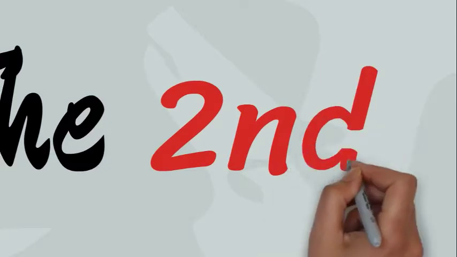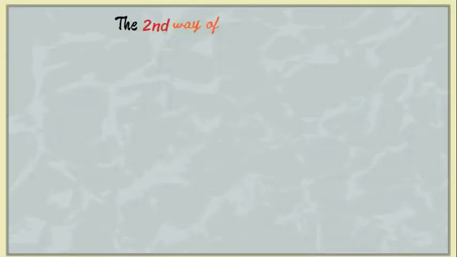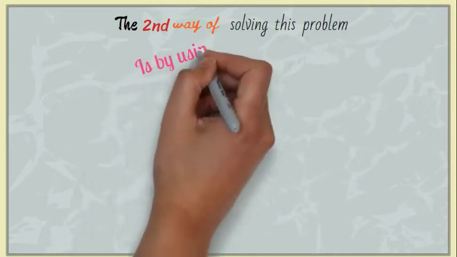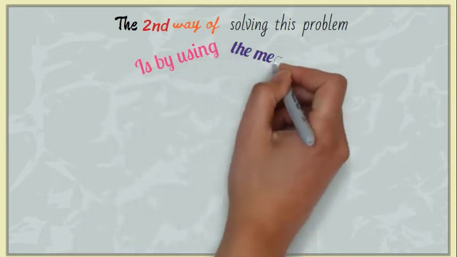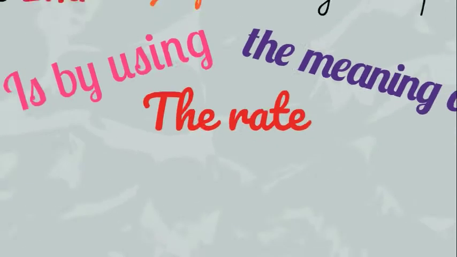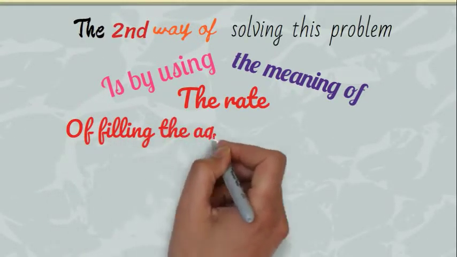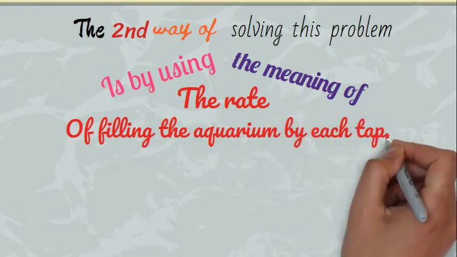The second way of solving this problem is by using the rate of filling the aquarium by each tap.